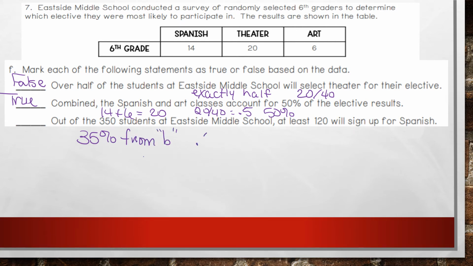And that would be 0.35. We're going to multiply that times 350. And that did give us 122.5, which is more than 120, so this would be true.